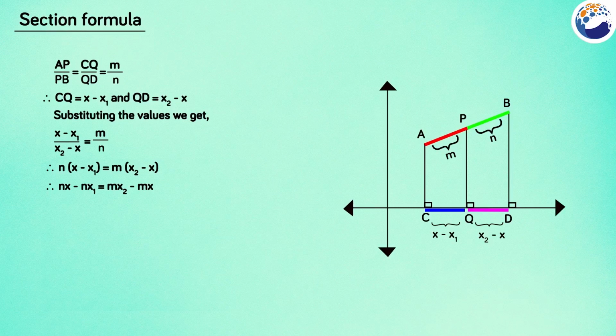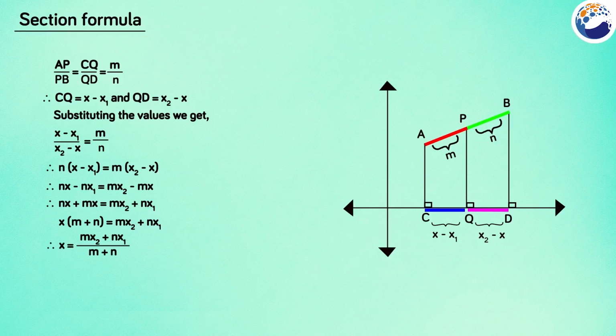Therefore, nx plus mx is equal to mx2 plus nx1. Taking x common in LHS. Therefore, x is equal to (mx2 plus nx1) upon (m plus n).